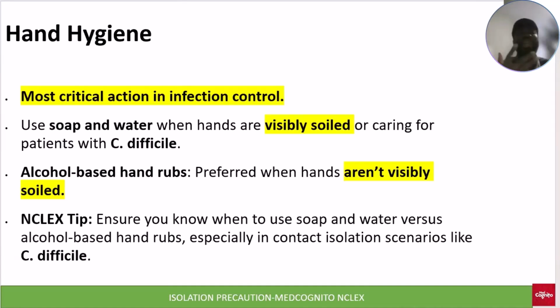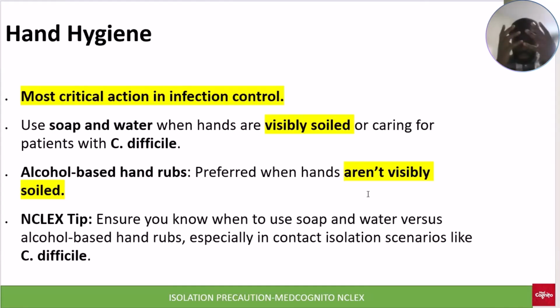Now, there are two common ways we keep hand hygiene. Number one is to wash the hands with soap and water, and number two is to use hand rub or alcohol-based rub. For your NCLEX, you need to know when to do hand washing with soap and water and when to use alcohol-based rubs.